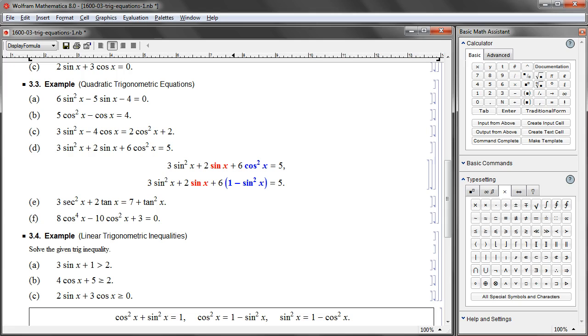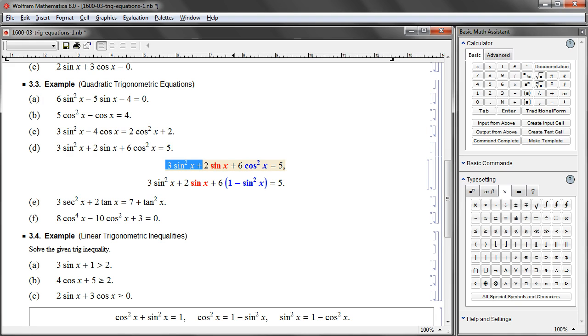That's because that term, the linear term, dictates whether it's a sine equation or a cosine equation. We can change sine squared into cosine squared. We can change cosine squared into sine squared, but just sine of x or just cosine of x stays the same. So the red one, the sine of x, dictates this is going to be a sine equation.